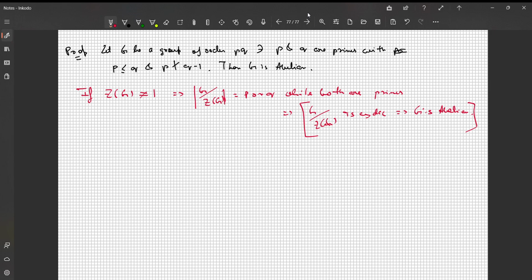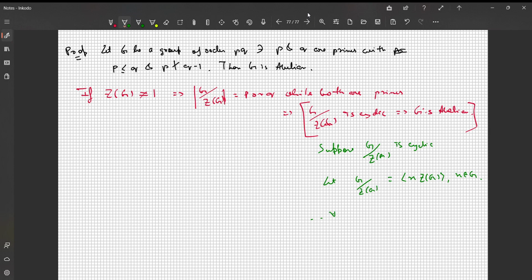So how do we prove this statement? Suppose G mod ZG is cyclic. Then let G mod ZG be generated by the element x ZG, where x is in G. Clear?